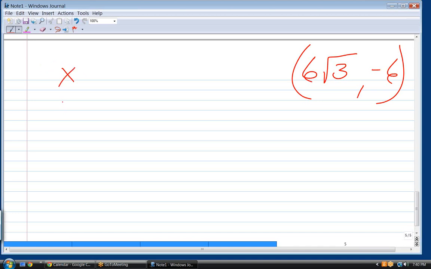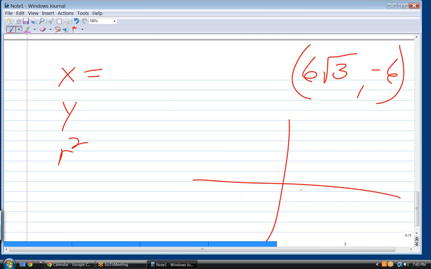The 3 main equations are what? What is x equal to? X is the cosine of... Let's figure out how you can figure it out. That's r.